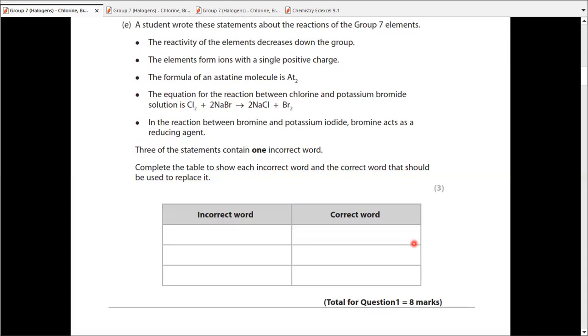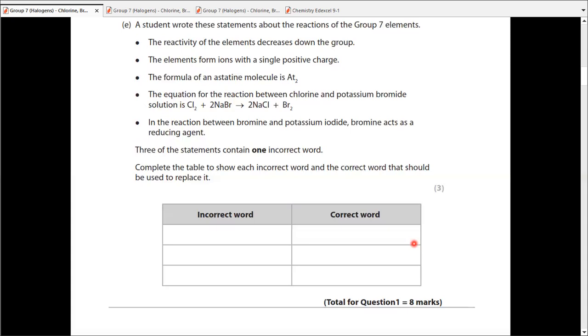Okay, let me see. The equation for the reaction between chlorine and potassium bromide solution is... Sir, it should be K, not Na, because that's sodium.